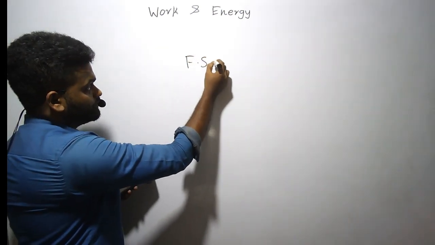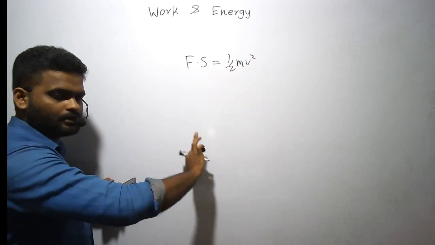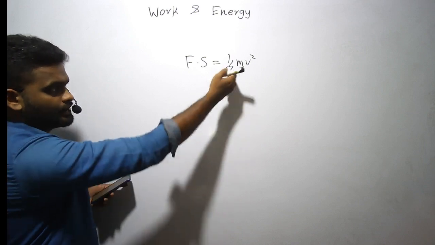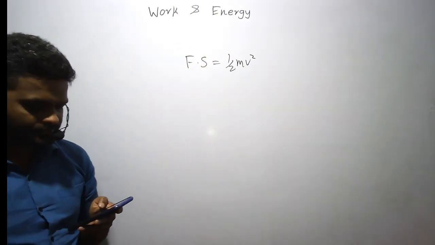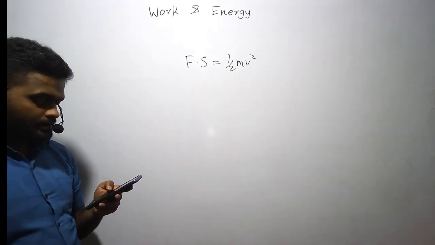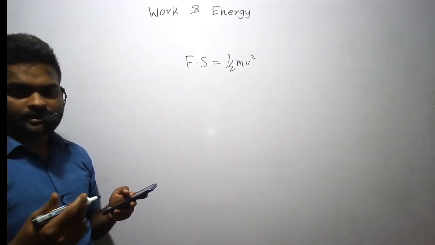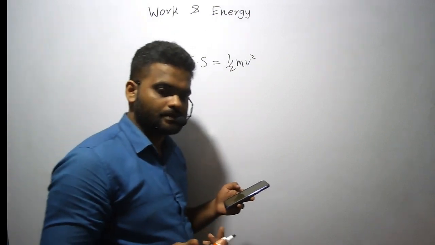So the same equation. All the objects stop at the end, right? So you can use half mv squared. Since you are using proportionalities, you don't have to do unit conversions as well, okay?